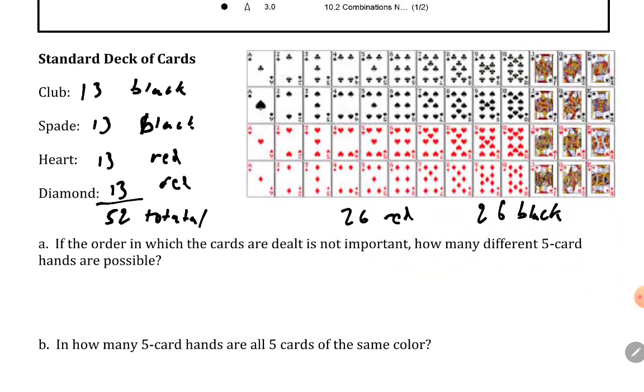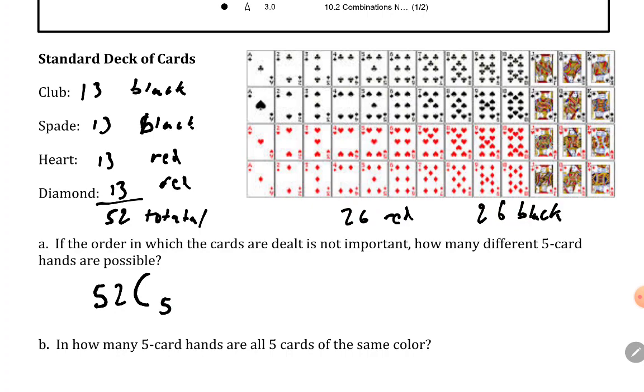If the order in which the cards are dealt is not important, how many different five-card hands are possible? So out of the 52, we're going to choose 5.